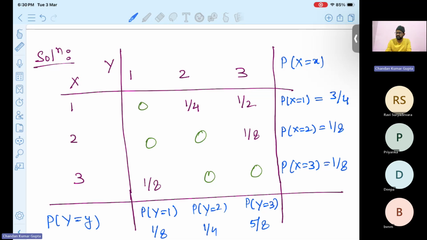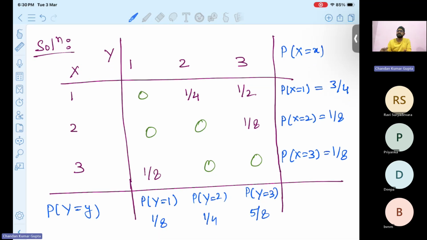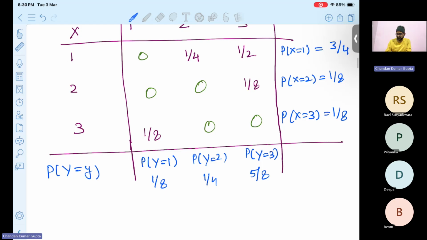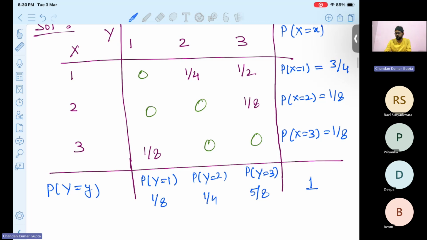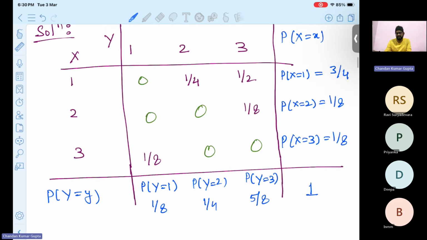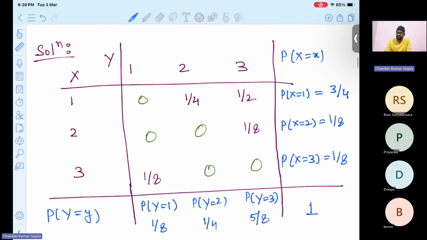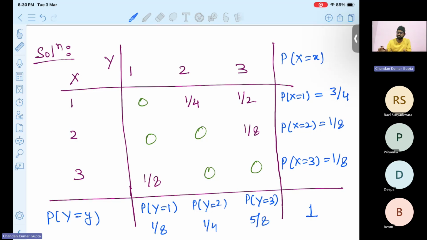This can be verified by summing either the marginal probabilities of X or of Y. From both sides it comes out to be 1: 1/8 plus 2/8 plus 5/8 is 8/8, and 3/4 plus 1/8 plus 1/8 is 1 again. So this is a valid joint discrete distribution.